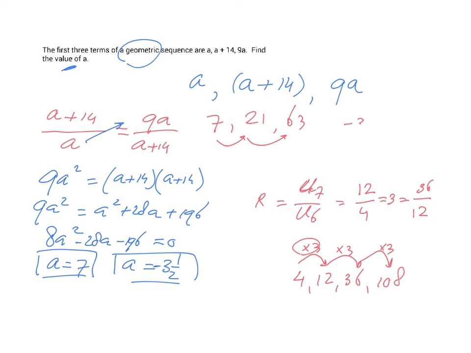So the first term would be minus 3.5. Term 2 would be 10.5, and term 3, what is that? Oh, it's a bit late, so I'm going to plug it in my calculator now. I do apologize. Of course I should know this, but it is quite late now. Minus 31.5. So that one also works. Okay, so actually both of the solutions will work.